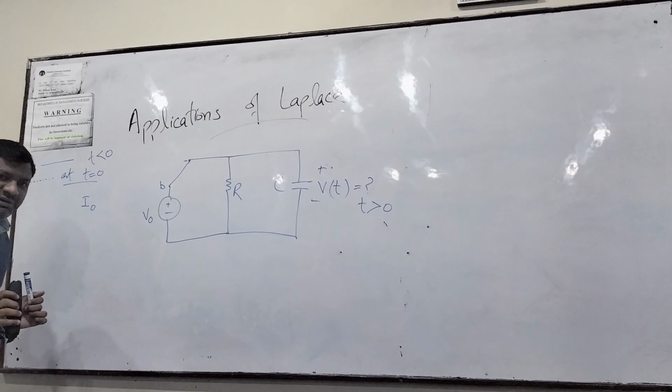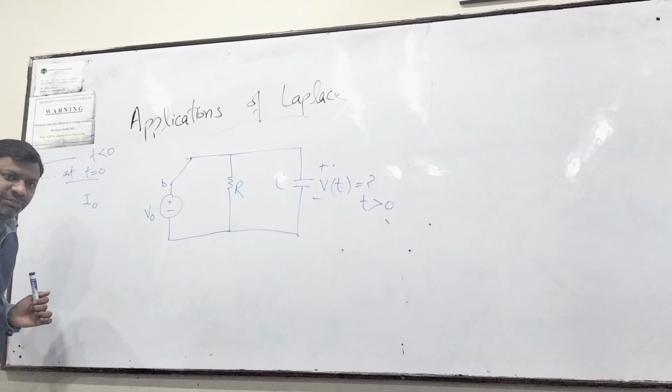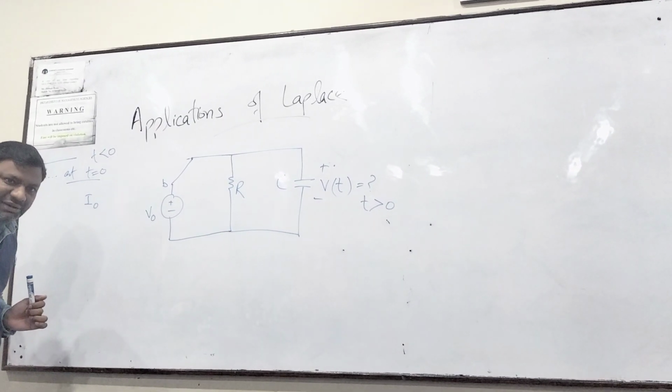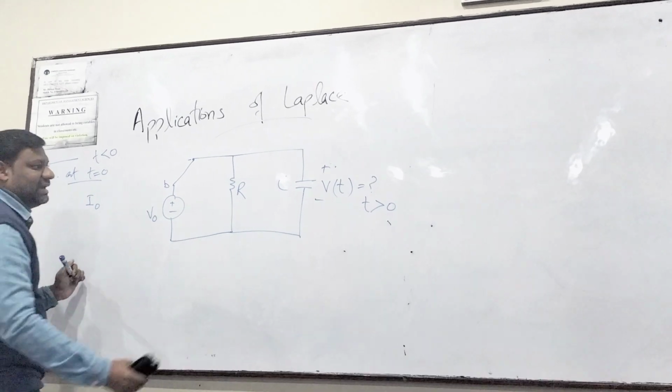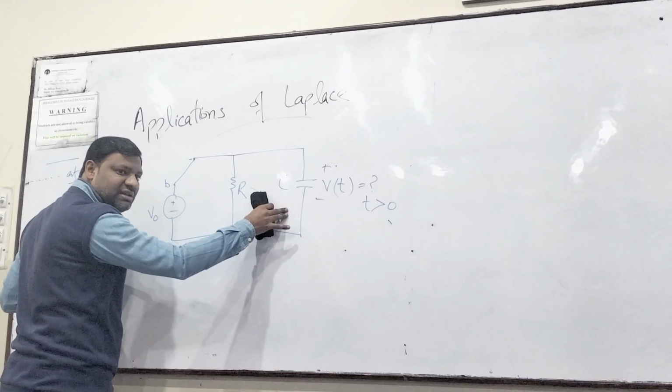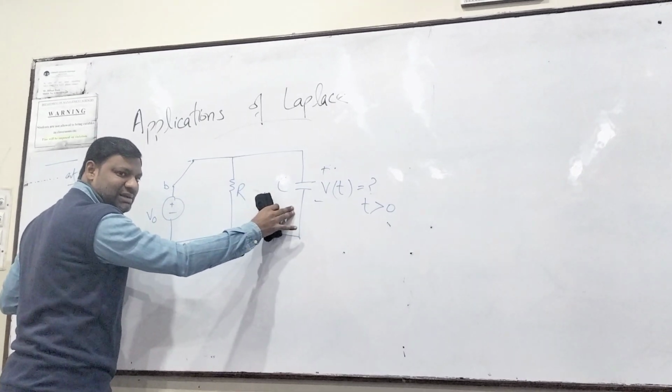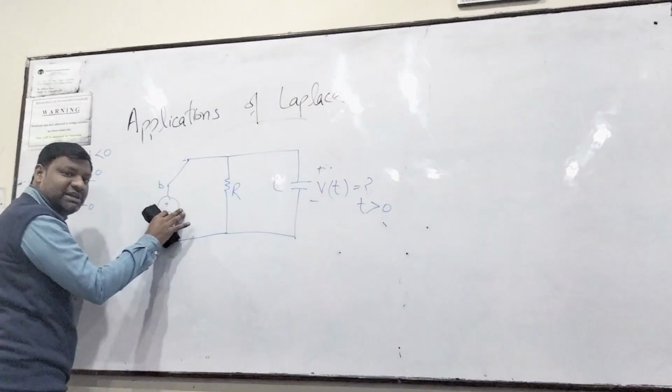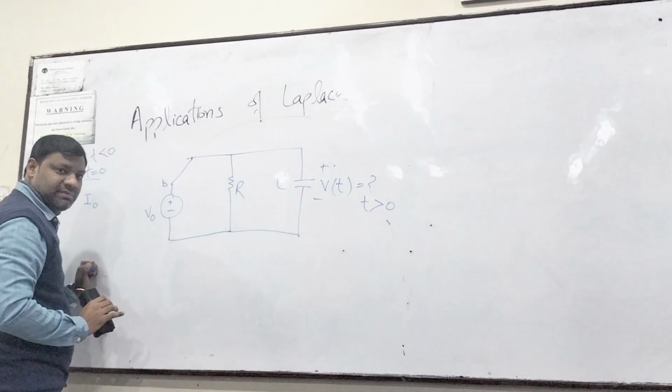Before our experiment, suppose there was some other group conducting the experiment. They used the same resistor and capacitor in parallel, and provided a voltage source to this circuit.